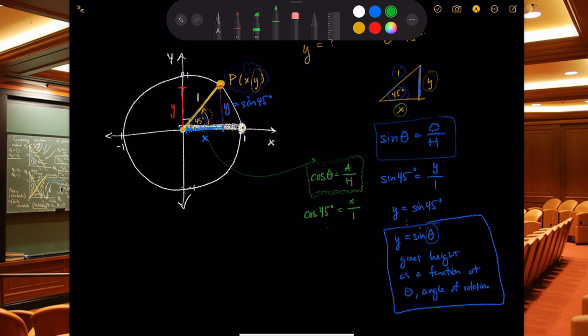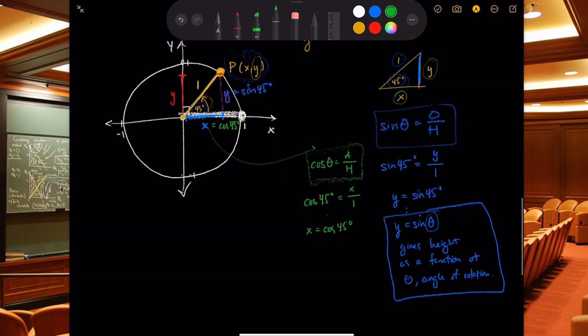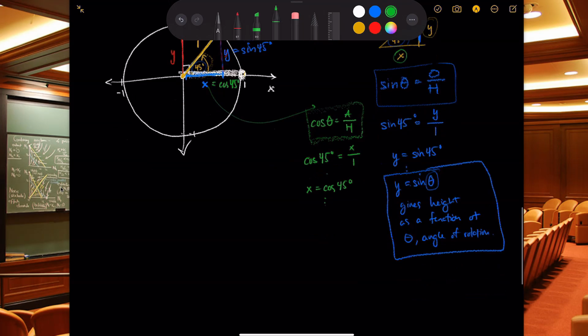So that tells us that x equals cos of 45 degrees. And so in general, x equals cos theta gives the horizontal distance from the origin.